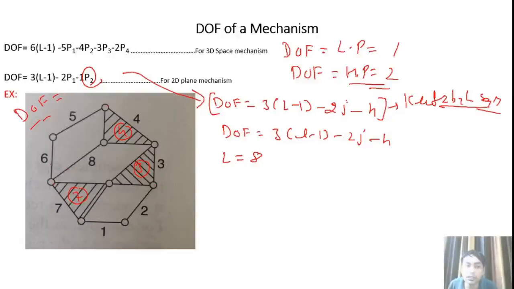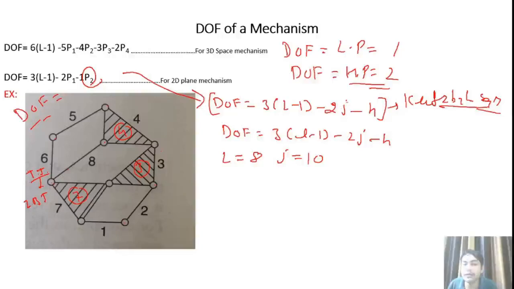So 3 links, that means it makes a tertiary joint, and a tertiary joint is equal to 2 binary joints. Rest is the same; there is no other tertiary joint. Now to count again: 1, 2, 3, 4, 5 and 7, 8, 9 and 10. Now J is equal to 10.